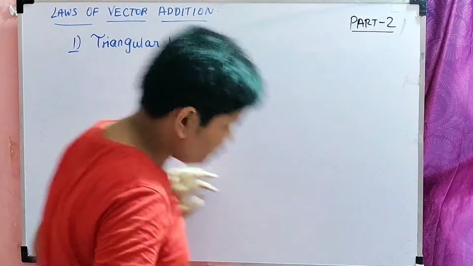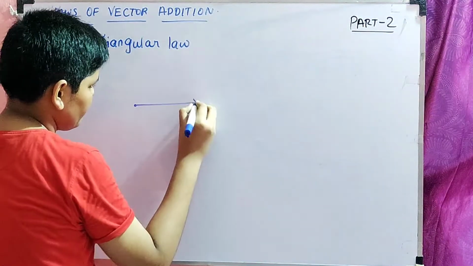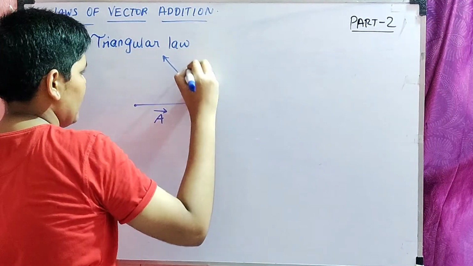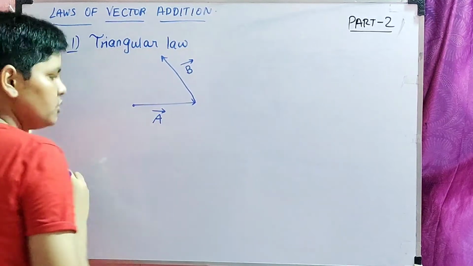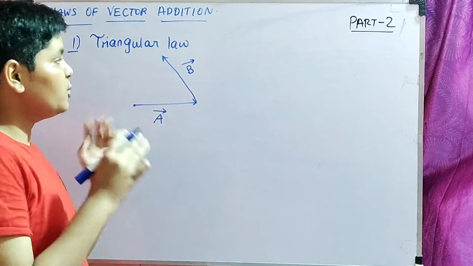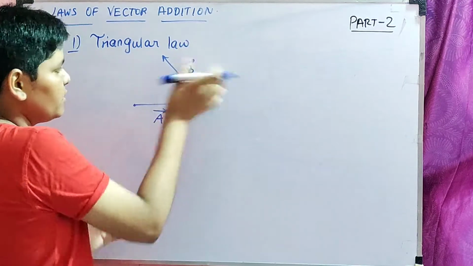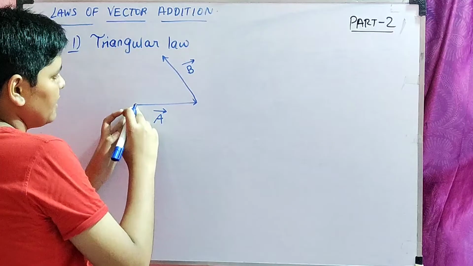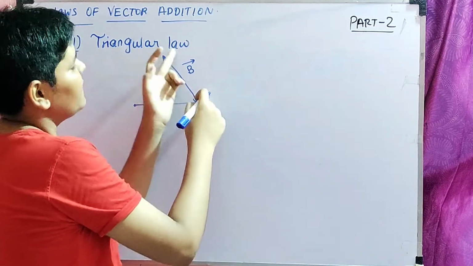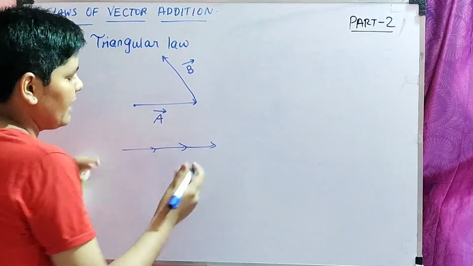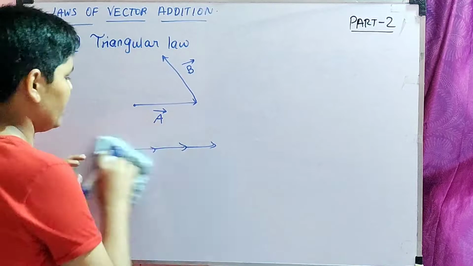So let us take two vectors over here as A bar, then we have this one as B bar. So if two vectors A bar and B bar represent two sides of a triangle, taken in the same order, in the sense tail to head, then again tail to head, tail and head are joined together.